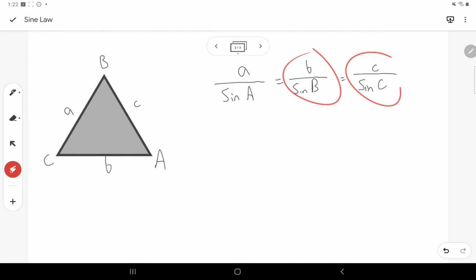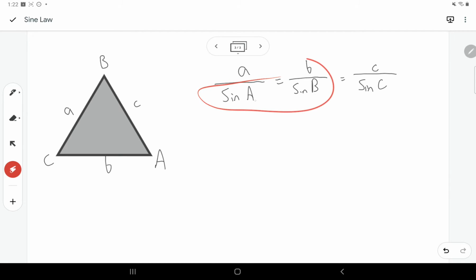All of these are equal. And because they're equal, we have an equality. We can solve for a side given that we have these three other pieces of information. So given we have another side and its angle, and we have this side's angle, then we can solve for that side.